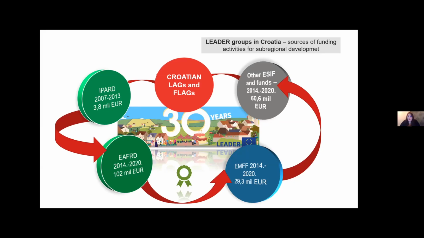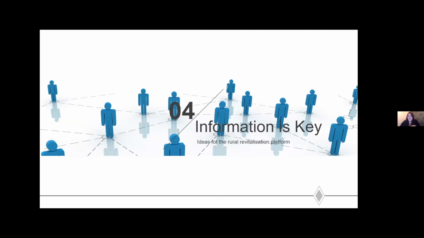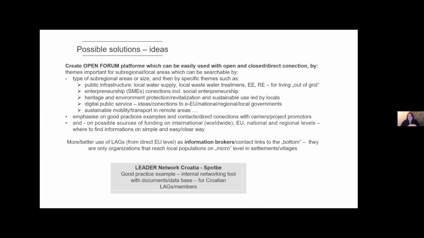So we have the possibility to implement these social characteristics in our strategies in a better way in this period, and we really know that there is a need for that. In the end, to conclude this, we really think that information can improve rural governance and service delivery to combat depopulation.